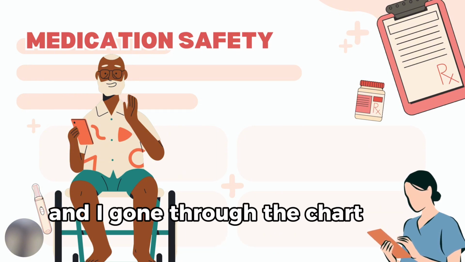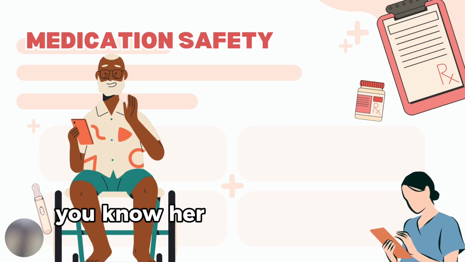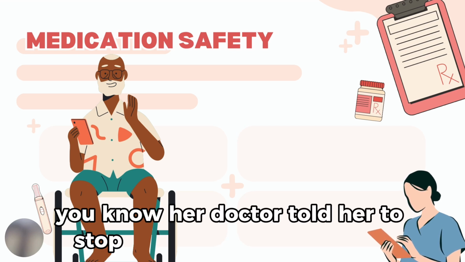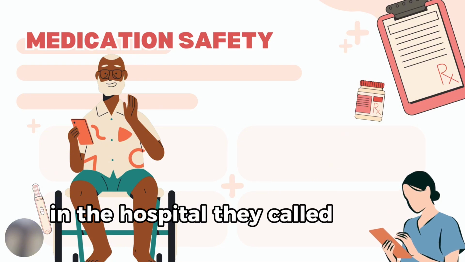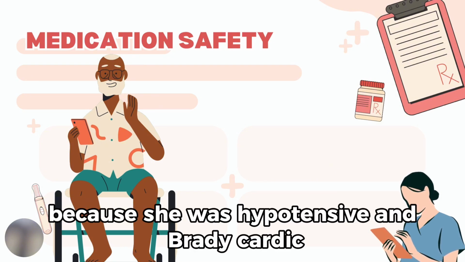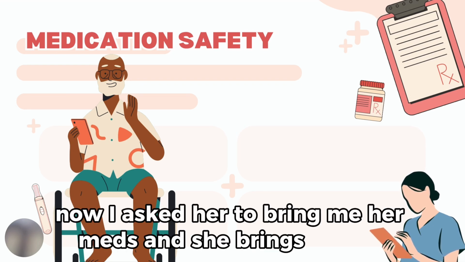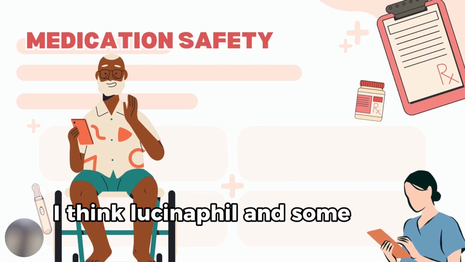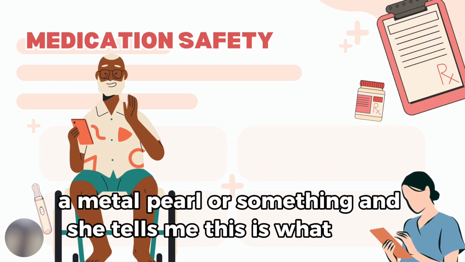And I'd gone through the chart, and she herself had told me that her doctor told her to stop her antihypertensives. In the hospital, they called a rapid response because she was hypotensive and bradycardic. Now I ask her to bring me her meds, and she brings me, I think, lisinopril and some beta blocker, metoprolol or something. And she tells me this is what she's taking.